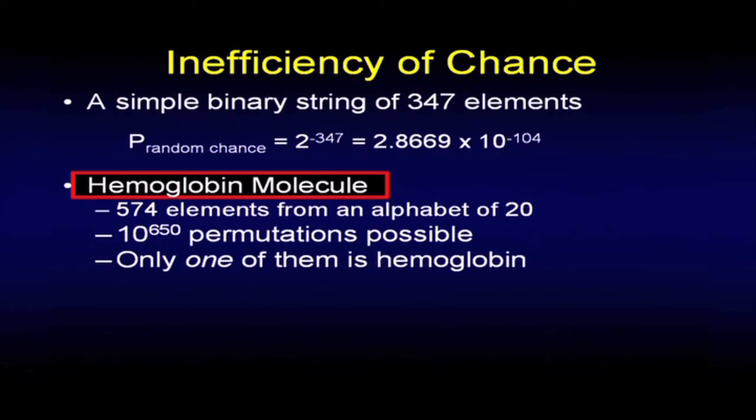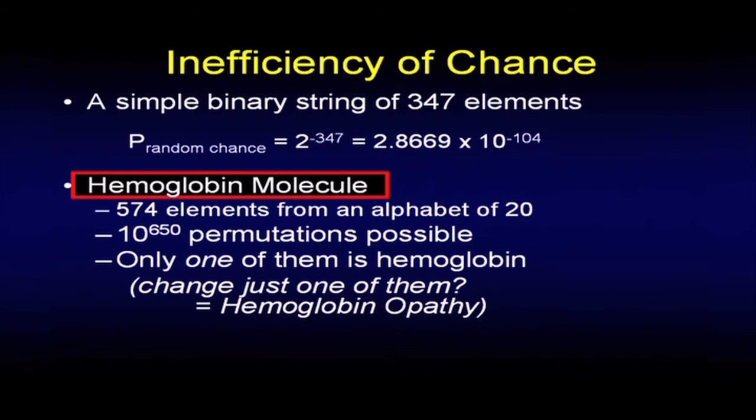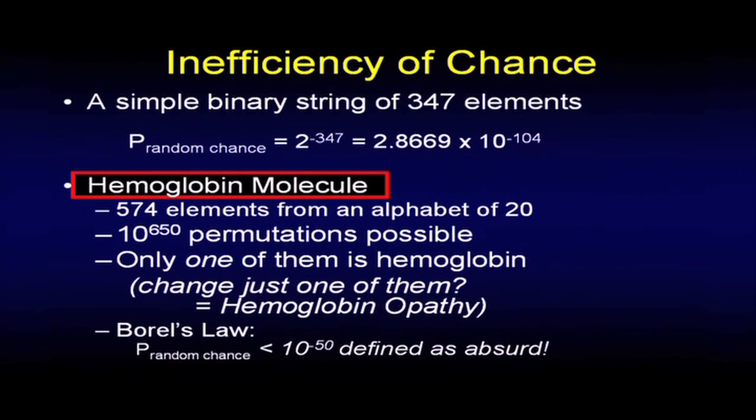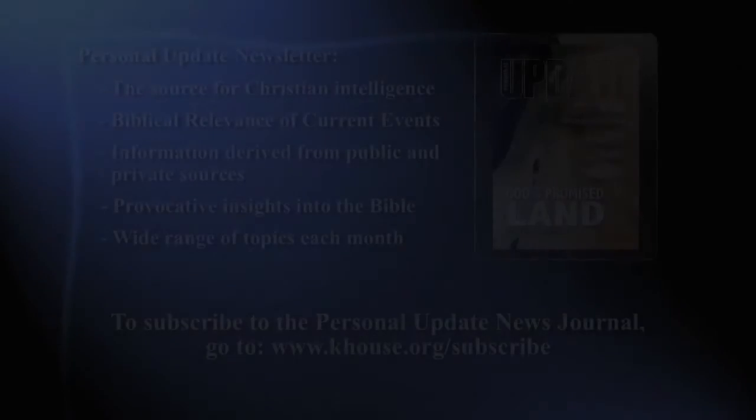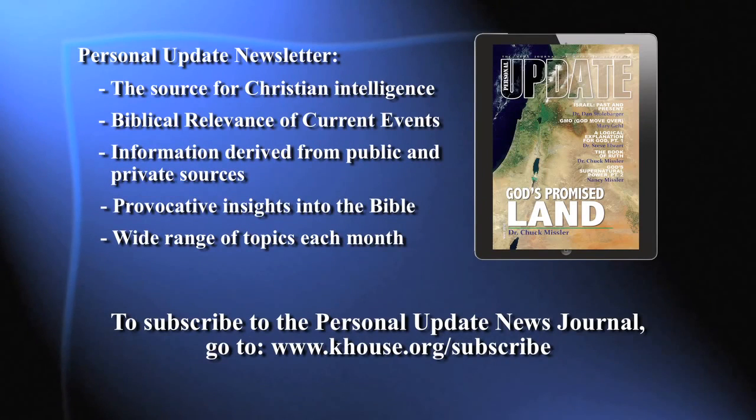Only one of them is hemoglobin. And if you miss it, you die. Heavy stuff. Remember Borel's law, anything with more than 50 zeros is defined as absurd. Hemoglobin happening randomly is more than, is really, really, really absurd, just as is my little example with these silly little beads, okay?